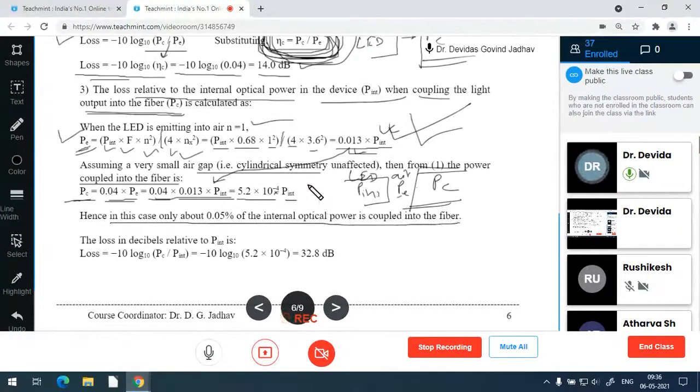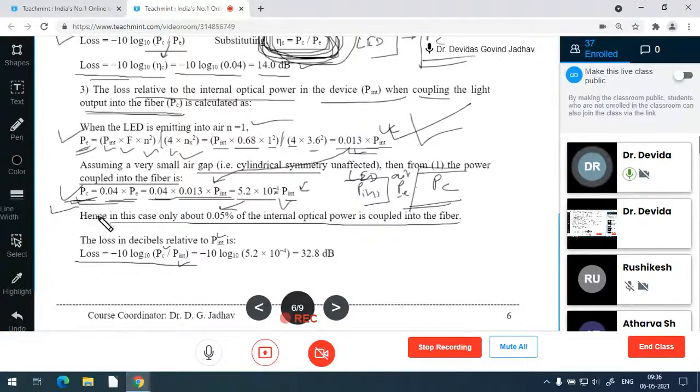So whatever the internal optical power is there, out of that 0.05% is coupled into the device PC. So how much is the loss with respect to P internal? Coupling loss is equal to minus 10 log to the base 10 of PC upon P internal. PC upon P internal is 5.2 into 10 raised to minus 4 from this equation.